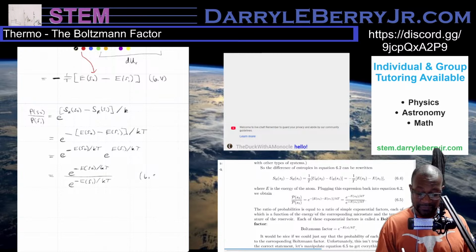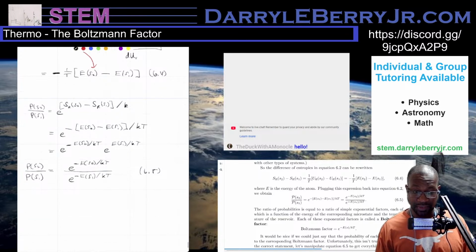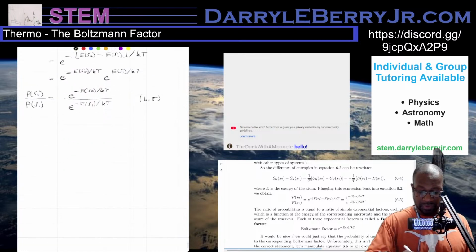This is 6.5. This is the probability of the system being in state 2 divided by the probability of the system being in state 1. The ratio of probabilities is equal to a ratio of simple exponential factors, each of which is a function of the energy of the corresponding microstate and the temperature of the reservoir. Each of these exponential factors is called a Boltzmann factor, right?